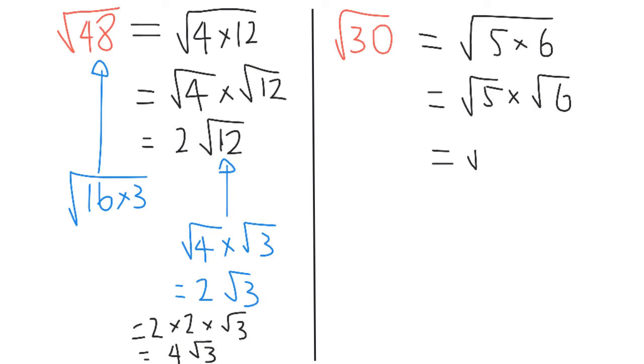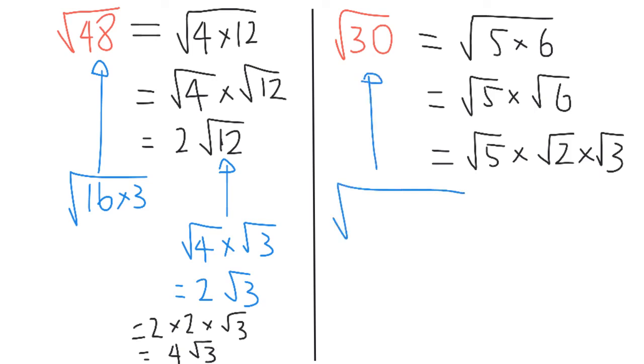I can turn that into root 5 by root 6 is 2 times 3, so I can say root 2 times root 3. Now what I've actually done here, I've actually written 30 as a product of its primes, or split it up into its prime surds. So the root of 30 is in fact root 2 times root 3 times root 5.